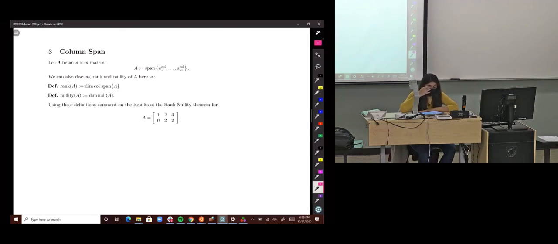Another thing that we can define here is the rank and the nullity of any matrix.